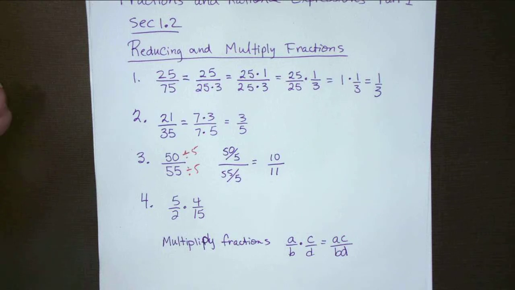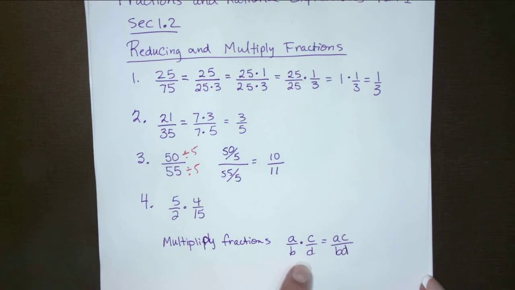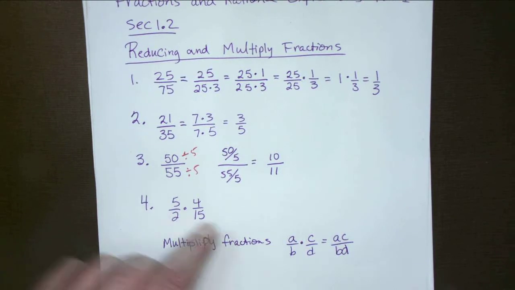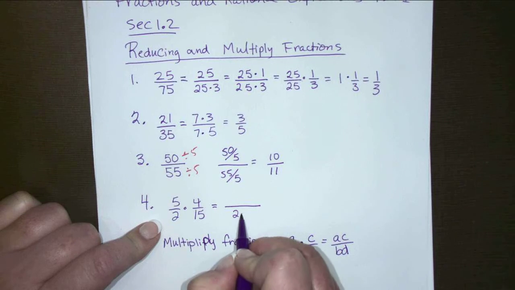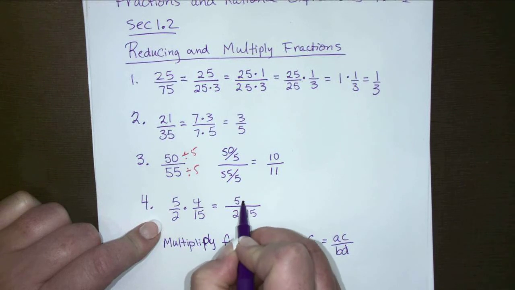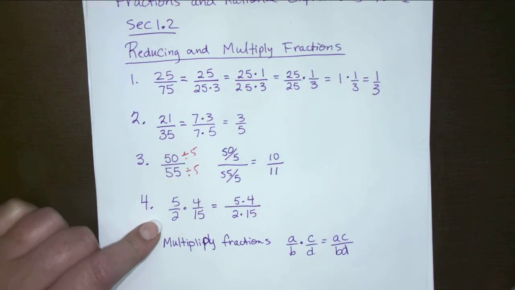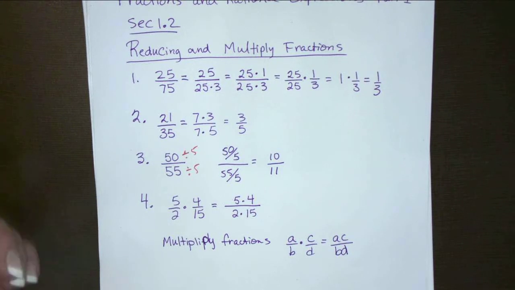So that's saying, if you've got two fractions that are factored, separate, you can write them as one fraction, and you multiply the numerators, the top, and you multiply the denominators, the bottom, and you have a new fraction. So we can write any two fractions that are multiplied like that.